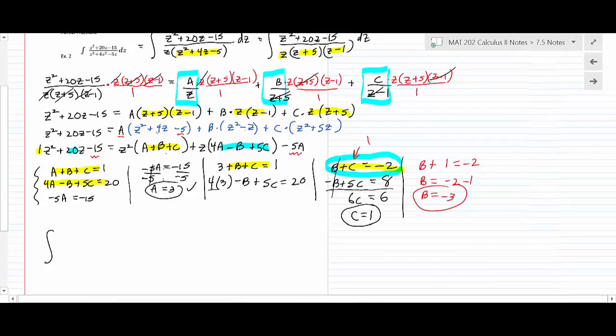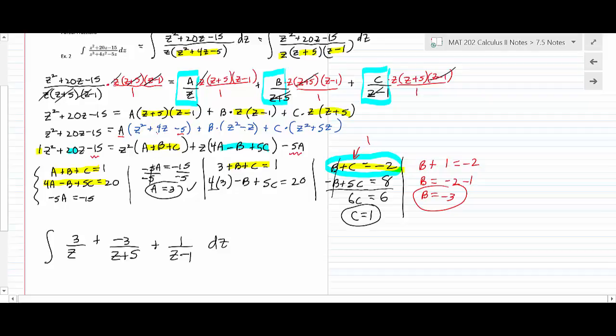So a over z, a was 3, so this is 3 over z. The second one is b over z plus 5. b was negative 3, so that's negative 3 over z plus 5. Then the last one is c over z minus 1. c was 1, so that's 1 over z minus 1.